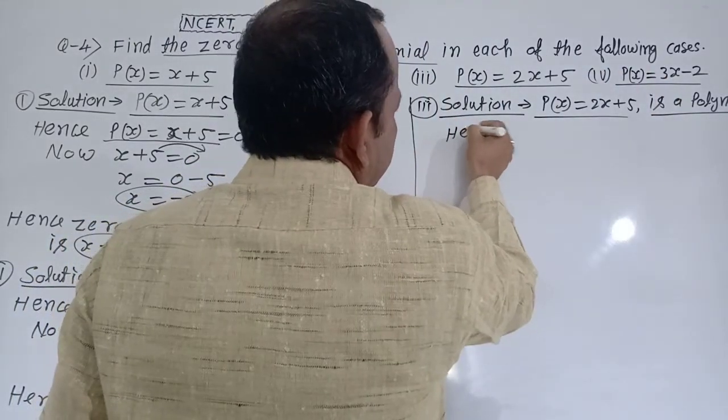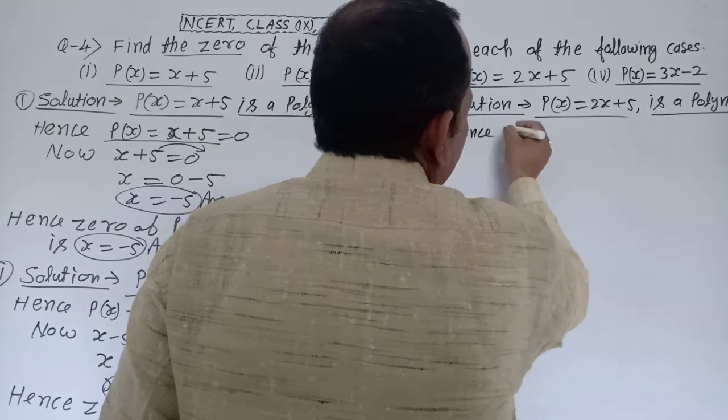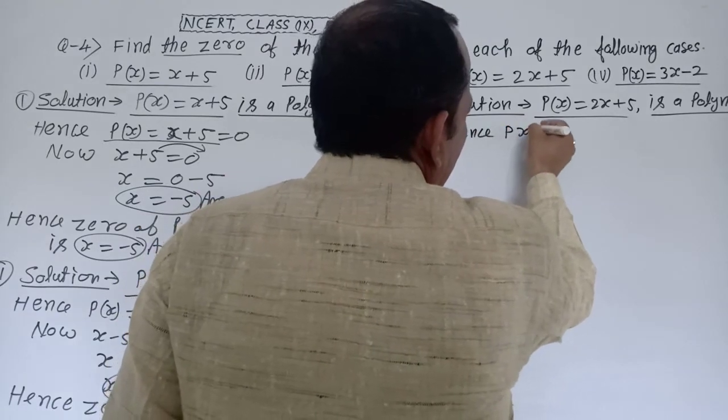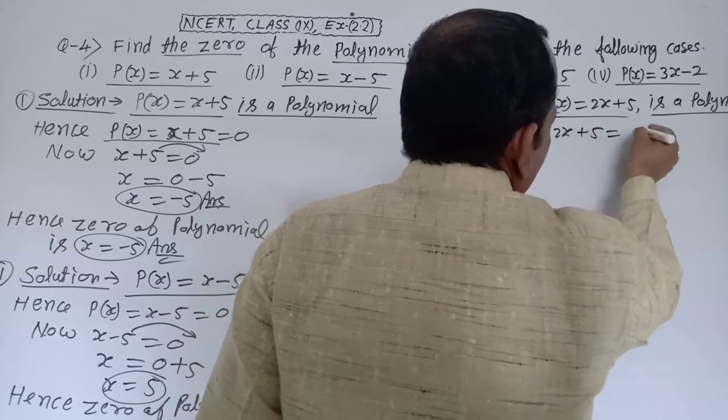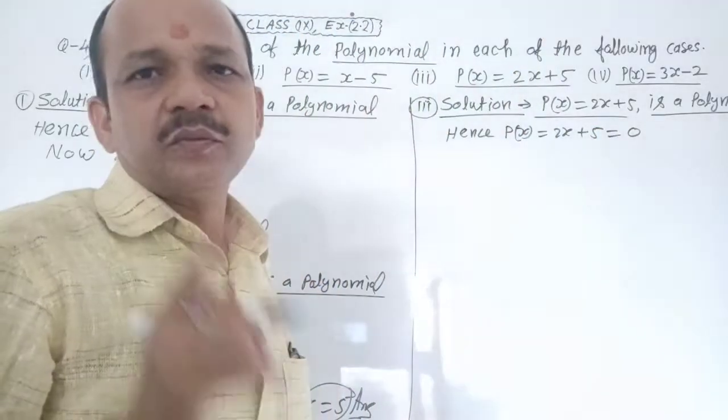Hence, p(x) equal to 2x plus 5 equal to 0. It is clear?